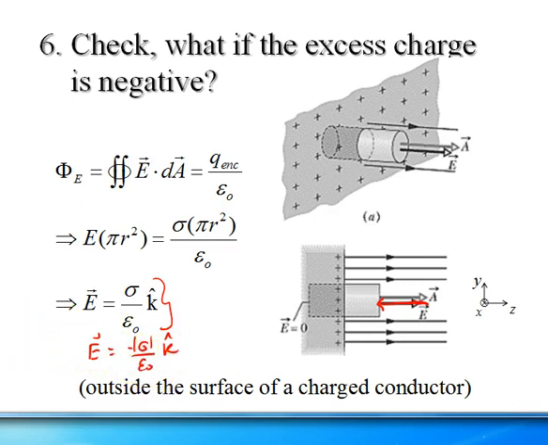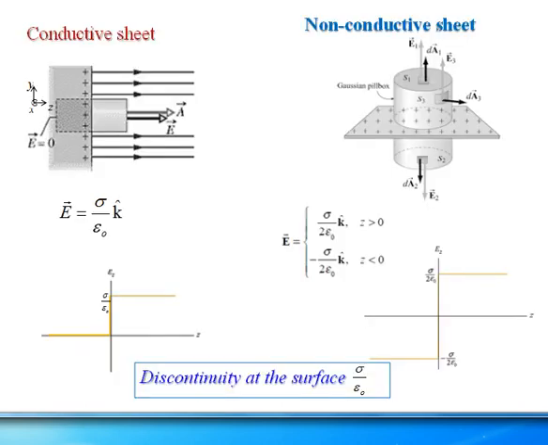So let's compare that to our insulator. When we solved for the insulator using similar techniques, we had our electric field was sigma over 2 epsilon naught, and it pointed away from the surface in both directions. So in one direction it would be in the positive k.